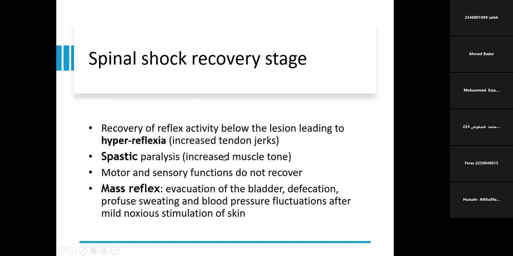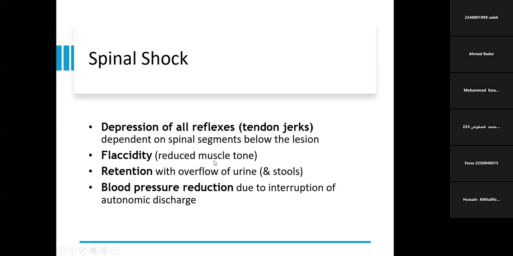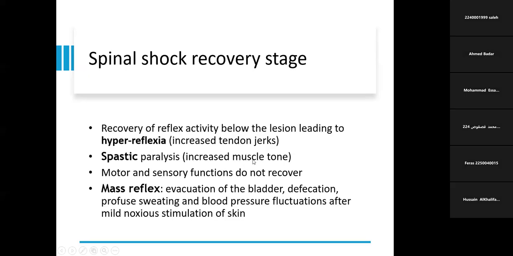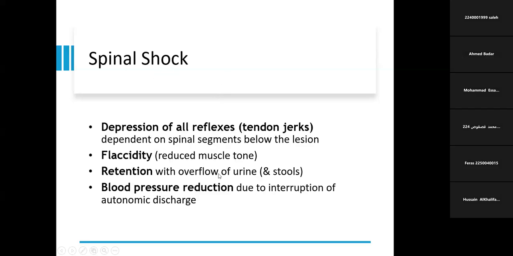That is, before in spinal shock, there was reduced muscle tone. Here, muscle tone is increased. So you can get a question, what about the muscle tone in recovery stage? So it is increased. It is not normal. What about the muscle tone in spinal shock? It is decreased. So please understand this.